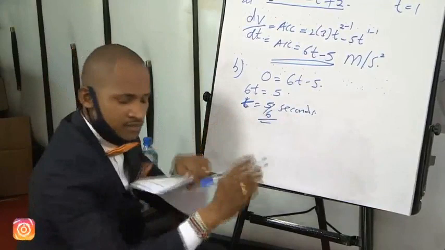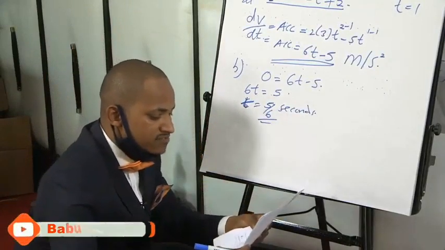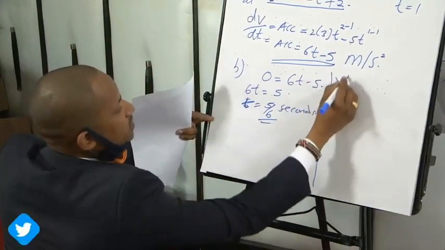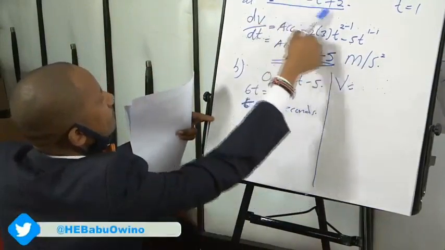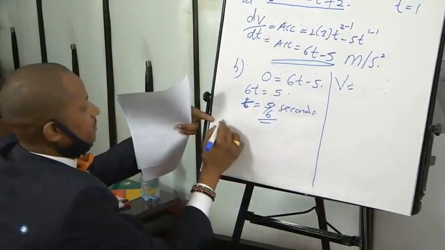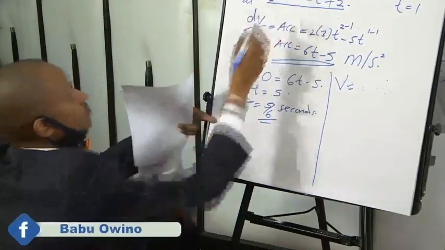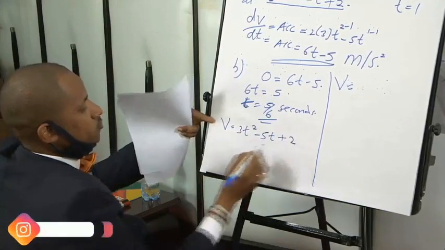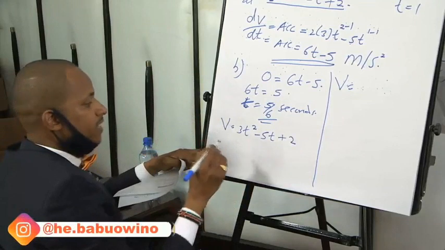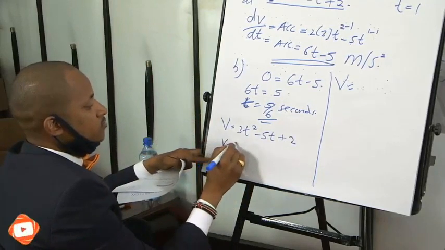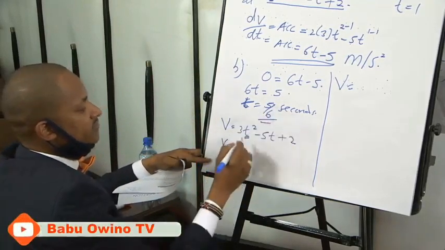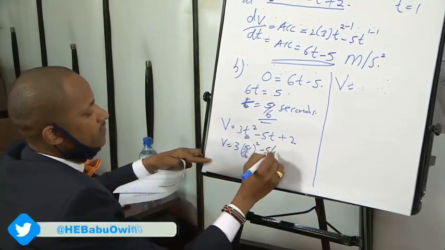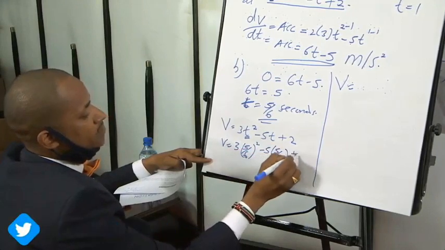But this is t, although the question wants velocity when acceleration is 0. Therefore, velocity from our equation is 3t squared minus 5t plus 2. Velocity is equal to 3 times 5 divided by 6, squared, minus 5 into 5 divided by 6, plus 2.